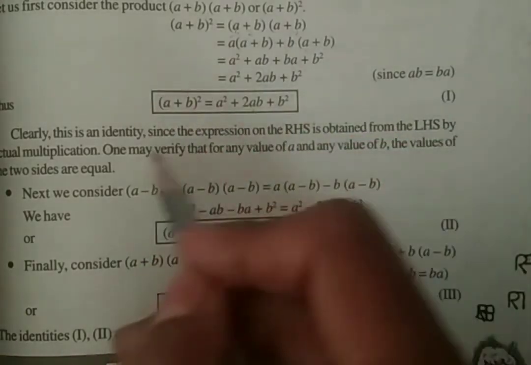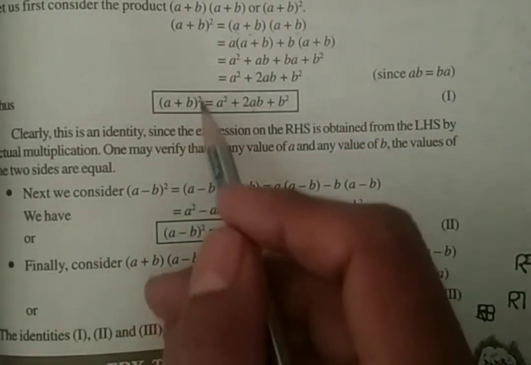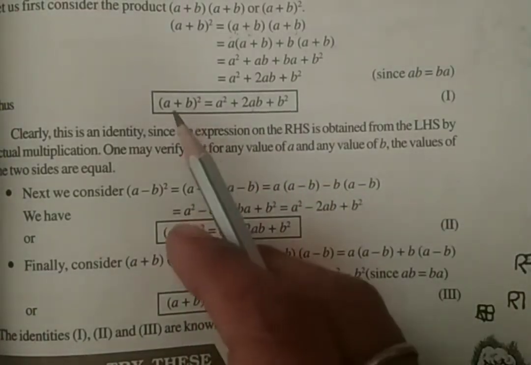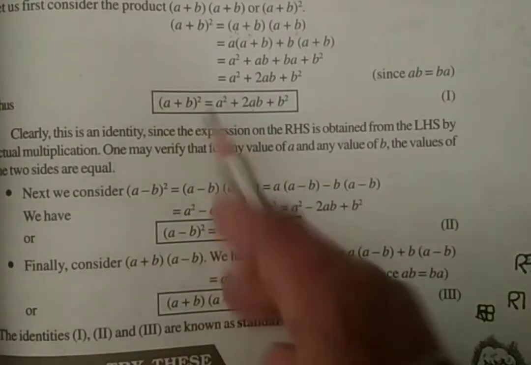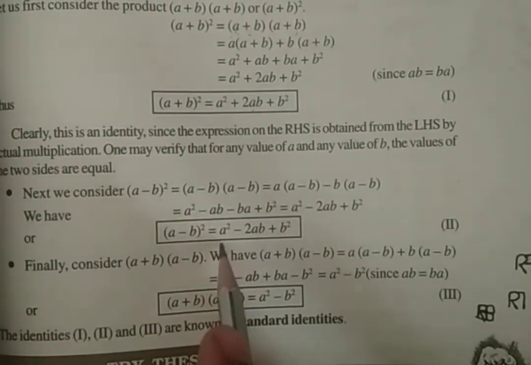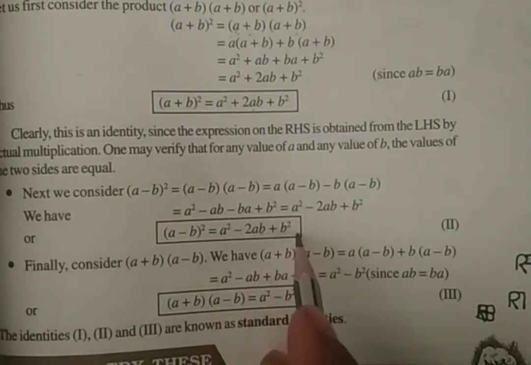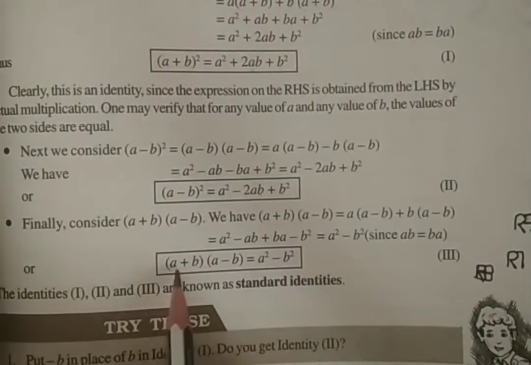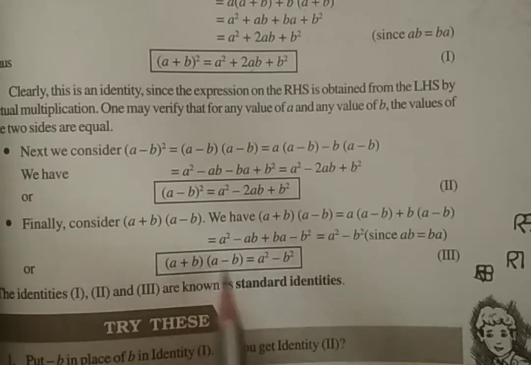So this is one standard identity which you have to remember. It will be helpful for solving other problems. Same way, instead of plus, if there is a minus sign, what will be the answer? It will be a square minus 2ab plus b square. And now we will see if it is a plus b into a minus b, right? These two are having different sign but variables are same. So the answer will be a square minus b square.